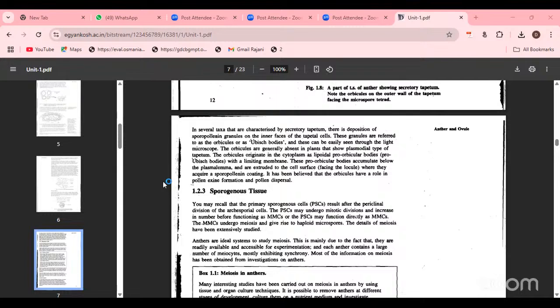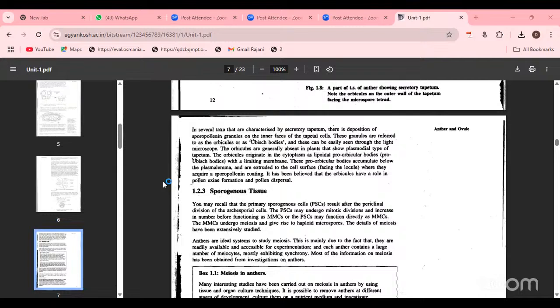The PSC may undergo mitotic division and increase in number before functioning as the MMC, the microspore mother cell. This microspore mother cell undergoes meiosis and gives rise to haploid microspores.